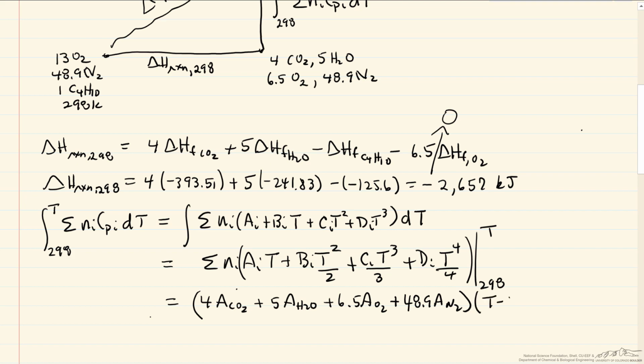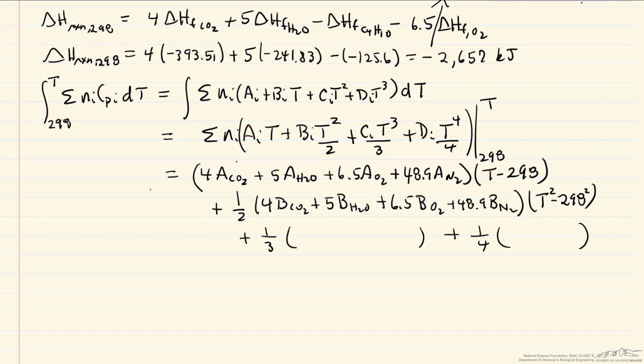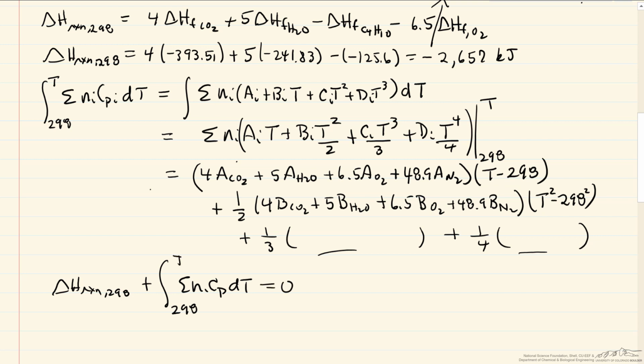And I apply the limits, it'd be T minus 298. I won't write the rest of the terms, but I've written B, so this would be the C terms and then the D terms. So then what we're doing is we're solving our equation, delta H for reaction at 298 plus this integral of the sum of heat capacity terms from 298 to T equals 0.